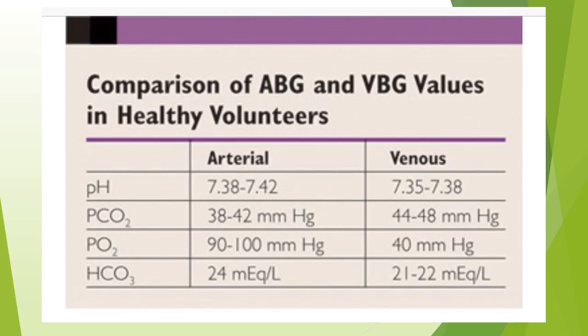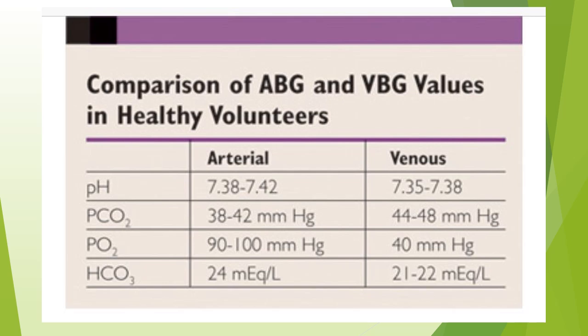When it comes to arterial blood, the oxygen level will be 90 to 100 mm of Hg and the carbon dioxide level will be 38 to 42 mm of Hg. When it comes to venous blood, the oxygen level will be less and the carbon dioxide level a little bit higher.